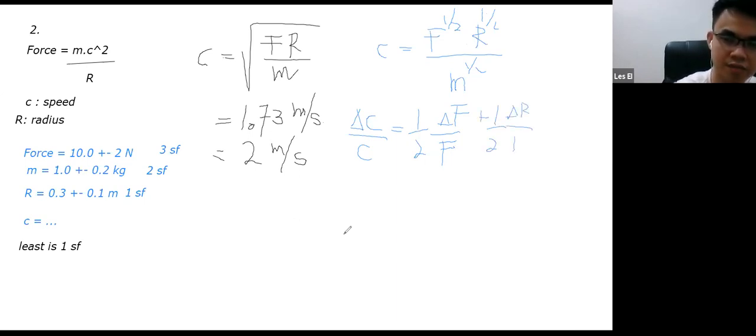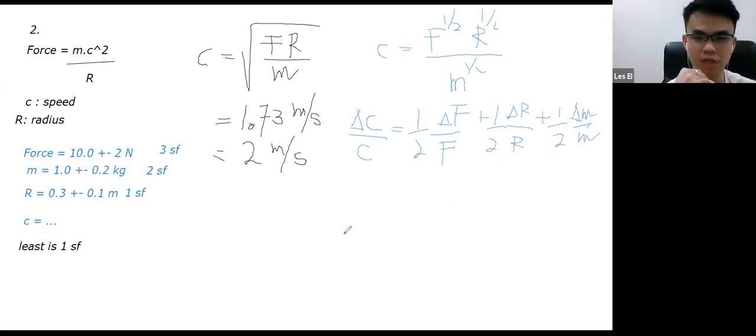Yeah, it's fine. Multiplication, division, the rule is the same, and there is no subtraction. So please do not think like, oh, if product means plus, if division minus. No.